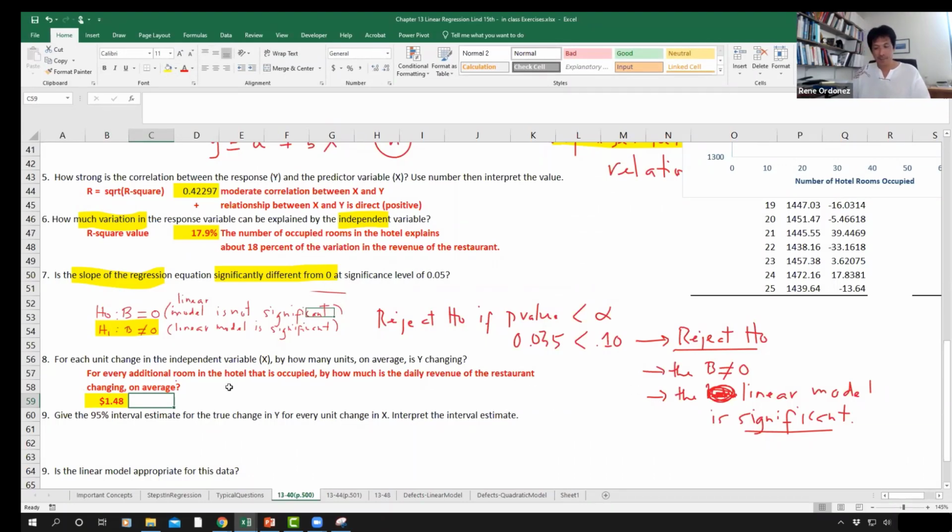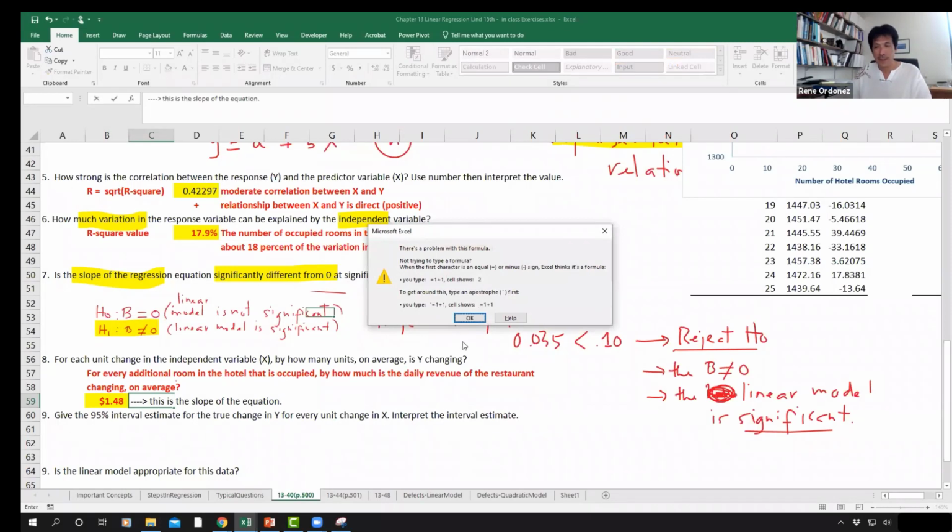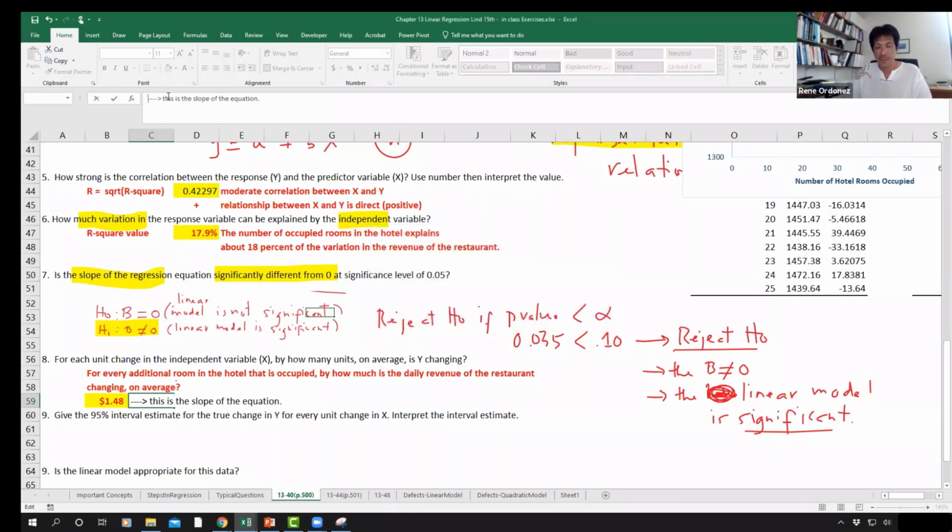Okay? So this is the slope of the equation. Good so far?